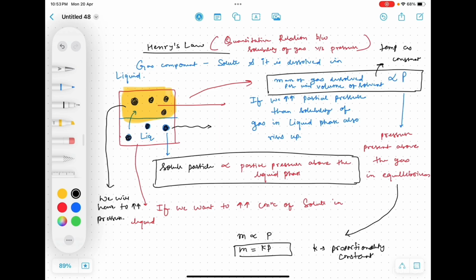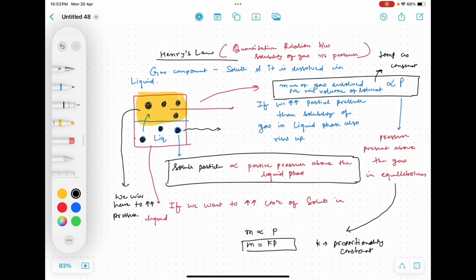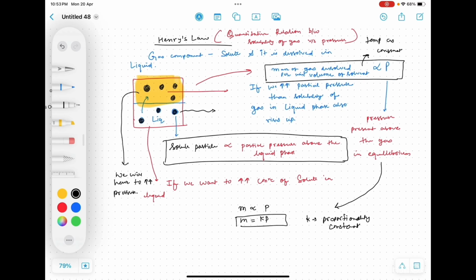So we have a similar kind of definition: it states that the solubility of gas at constant temperature is directly proportional to the partial pressure of gas present above the surface of the liquid solution. I'm writing it here, this is very important.